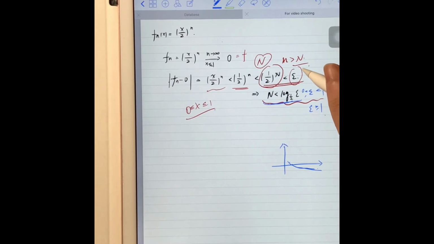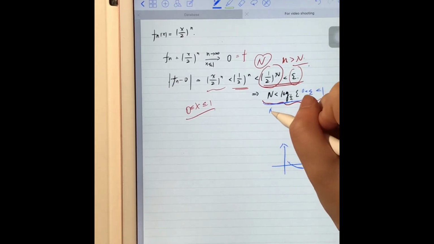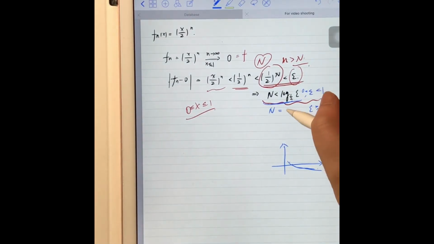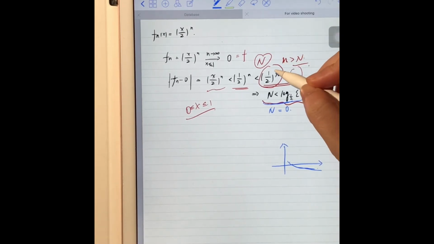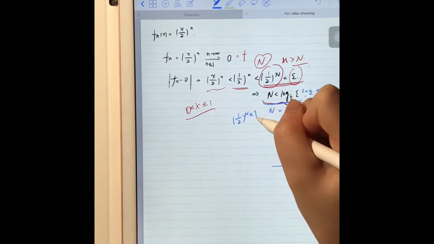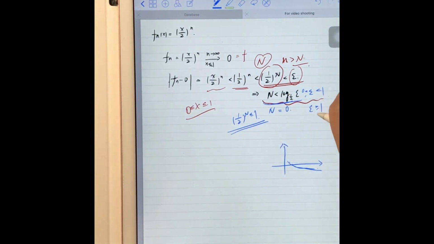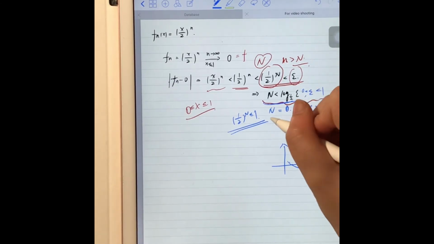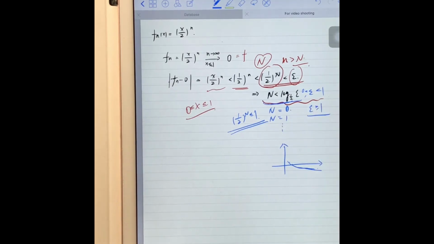When epsilon is larger than or equal to 1, you just take n equal to 0. This is enough because 1 over 2 to the power n will be smaller than or equal to 1, right? So if epsilon is larger than 1, then you can take n equal to 0 or n equal to 1 or anything.